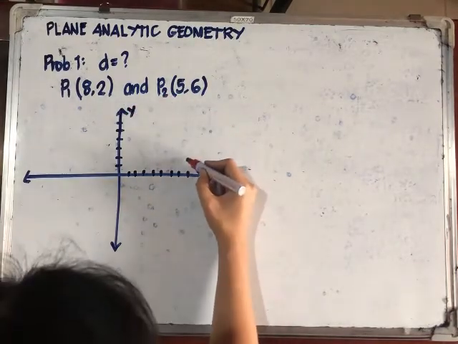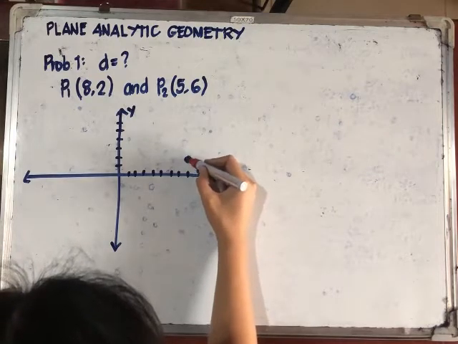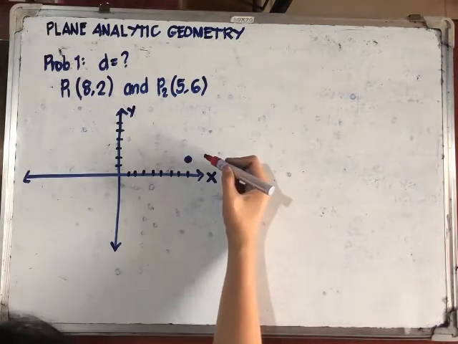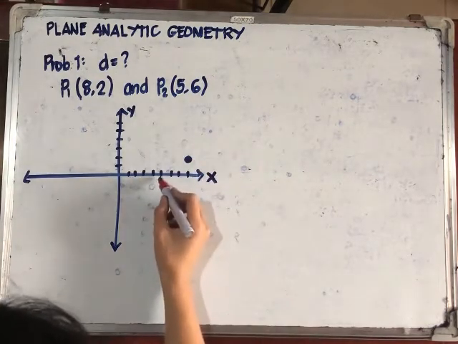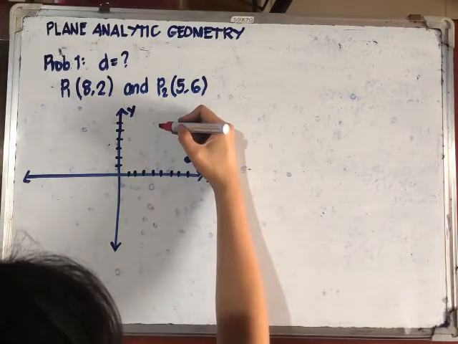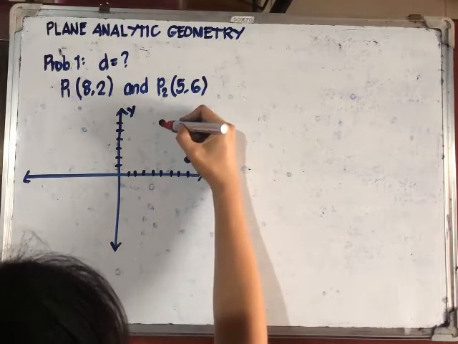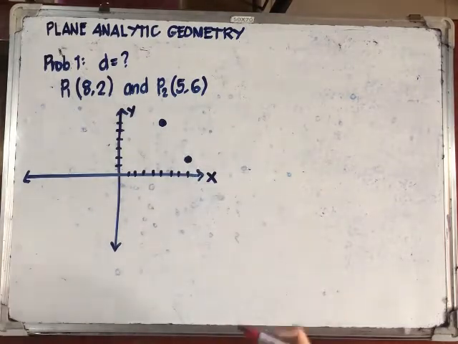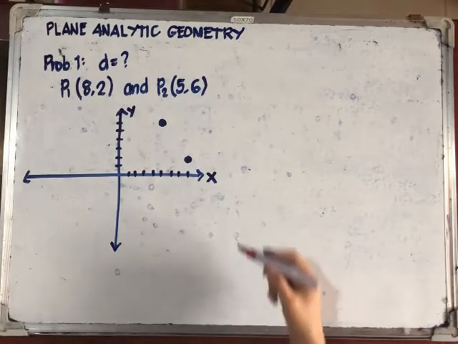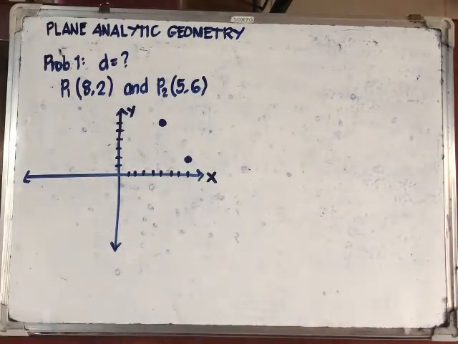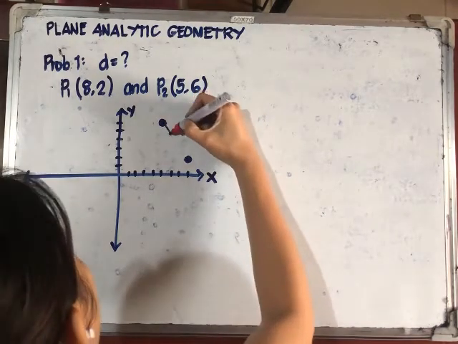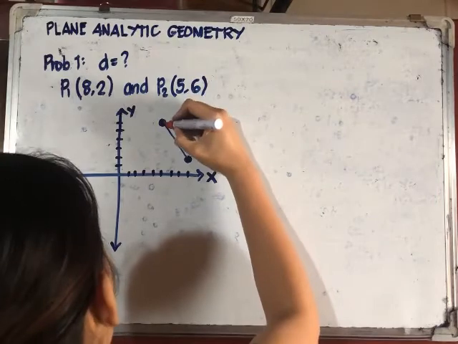So 8 comma 2 is this point here, and 5 comma 6 is this point here. What we are to find here is the shortest distance between these 2 points, or basically this line here.